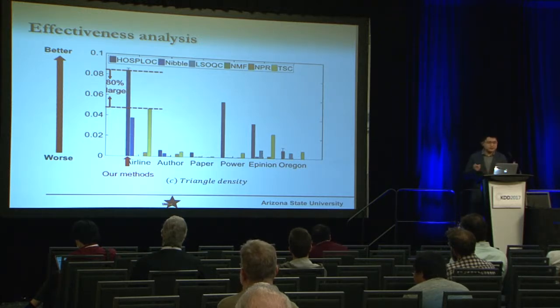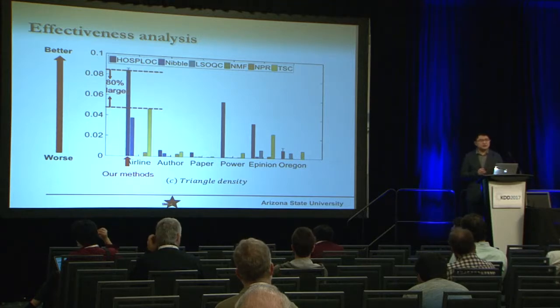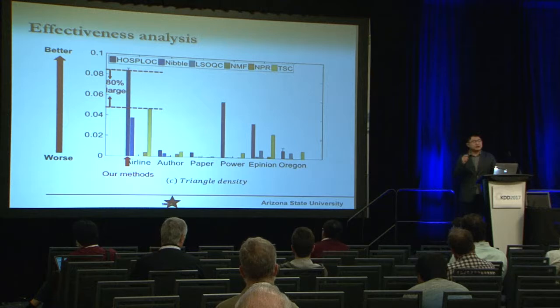So we can see our algorithms outperform all the others. And we also find two other interesting observations. First, our local algorithms perform better for both the high-order and the lower-order graph clustering methods.